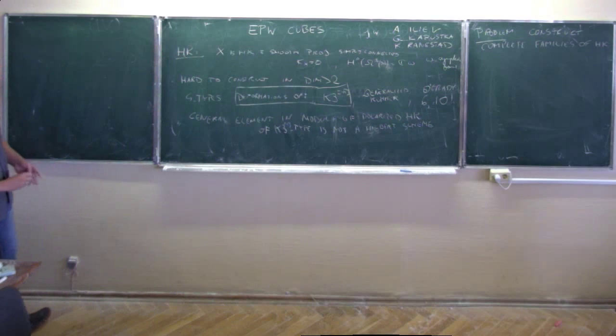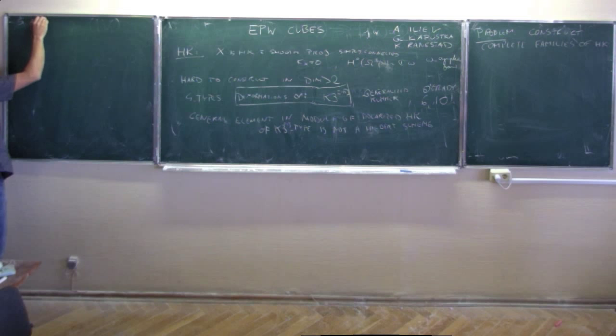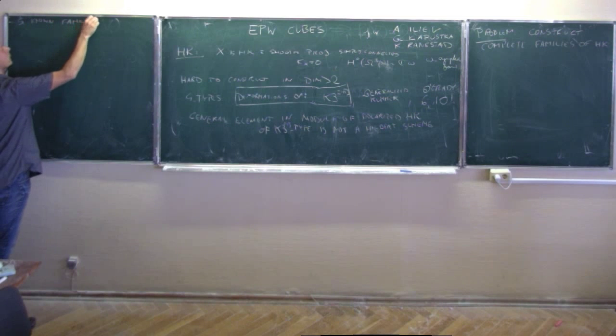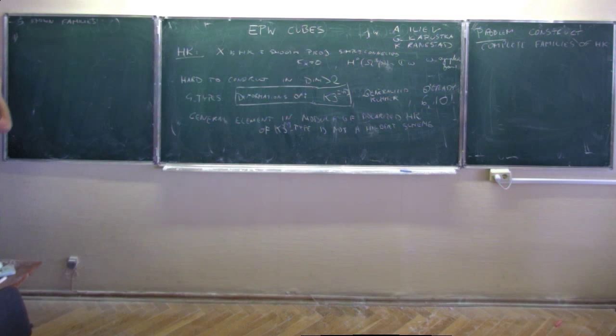Maybe I list that here. So 5 known families. I will describe just the elements in these families.